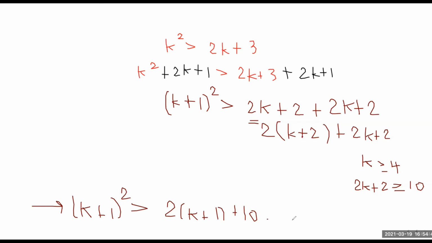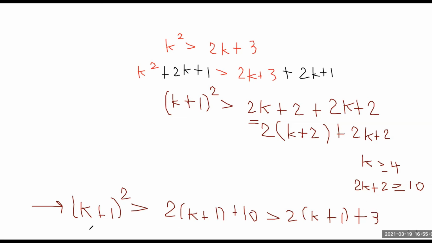And this clearly has to be bigger than 2 times k plus 1 plus 3, doesn't it? Yeah, this has to be bigger than 2 times k plus 1 plus 3, because this part and this part are the same, and the 10 must be bigger than the 3.